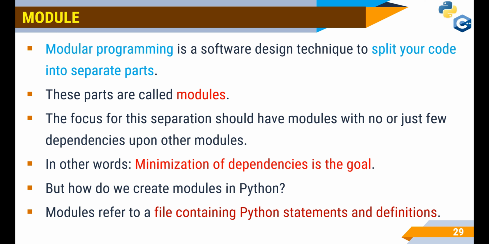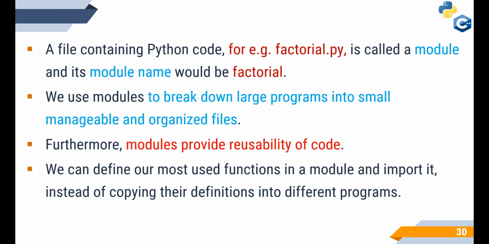But how do we create a module in Python? A module refers to a file containing Python statements and definitions. A file containing Python code, for example factorial.py, is called a module and its module name would be factorial.